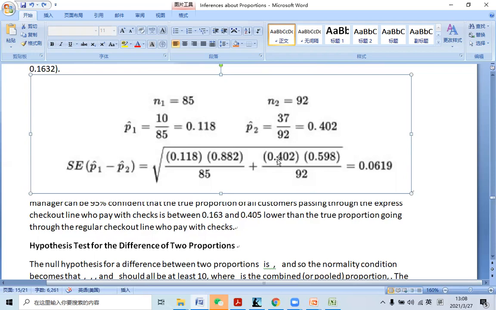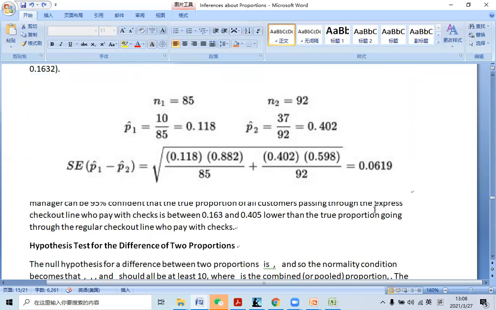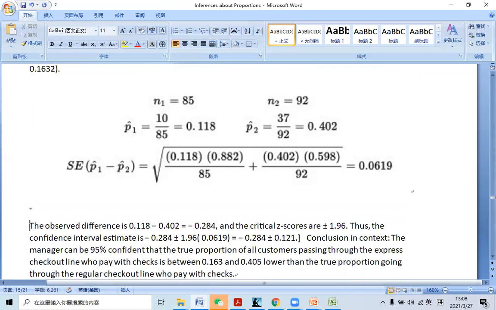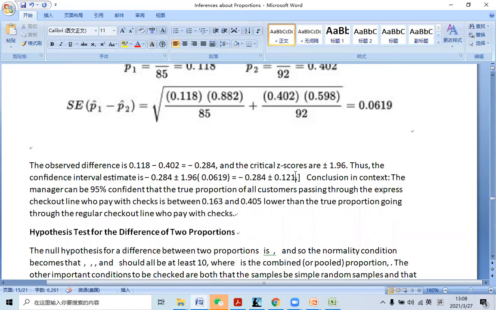The proportion who paid with checks is 40.2%, and the percentage of people who paid with other means, not checks, is 59.8. You add them together, take the square root, and you get the standard error, the estimated standard deviation, 0.0619.